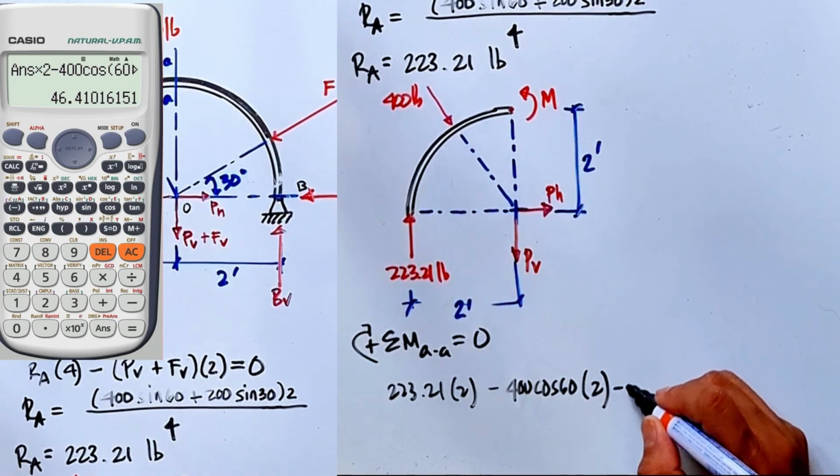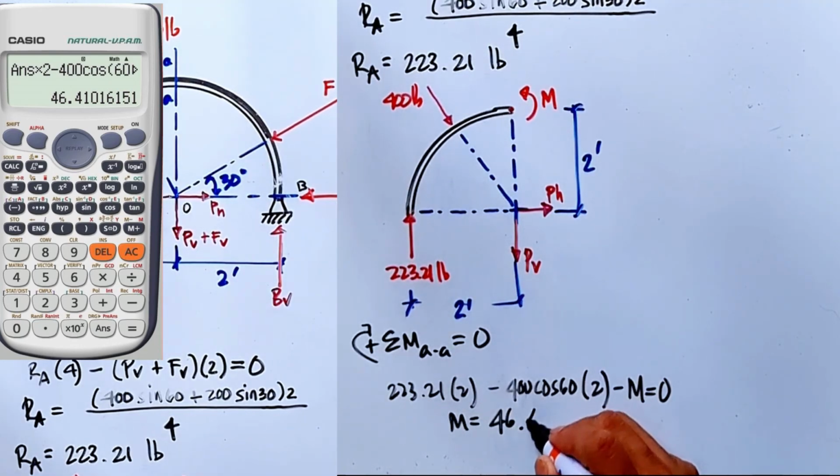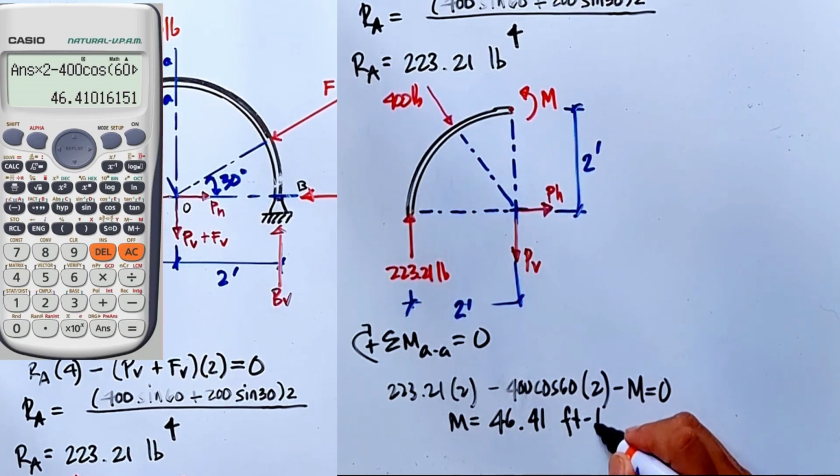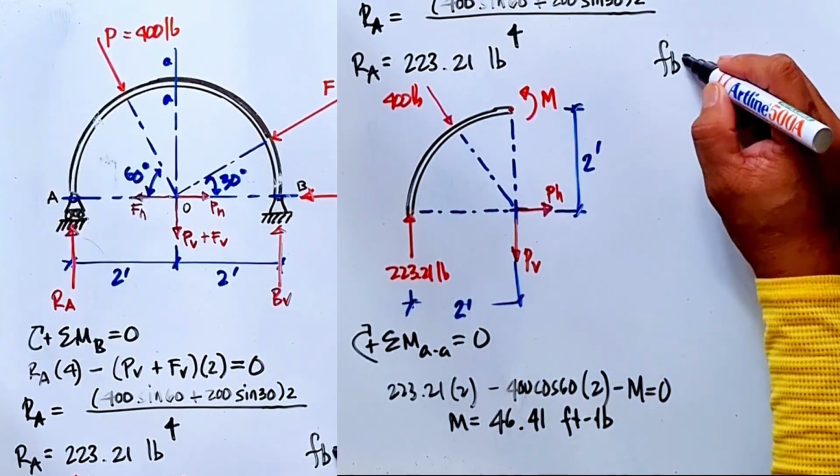This is also counterclockwise. Minus M equals 0. We get M equals this product minus this product, which is 46.41 foot-pounds.